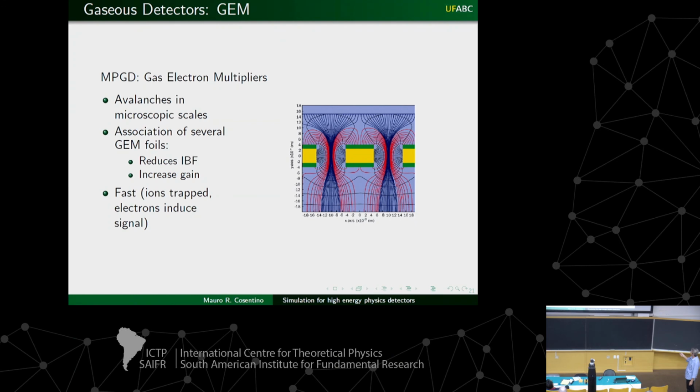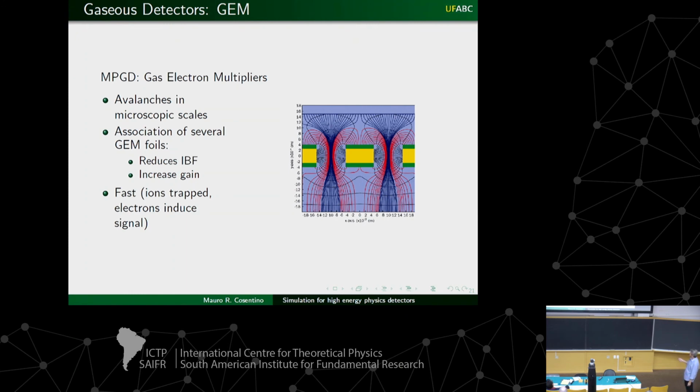Some of them will go to the conducting material here. But if you have several layers, the ones that are produced here will go here and they will die. So they will not be going through the active area of your detector, and it's not going to ruin your signal.